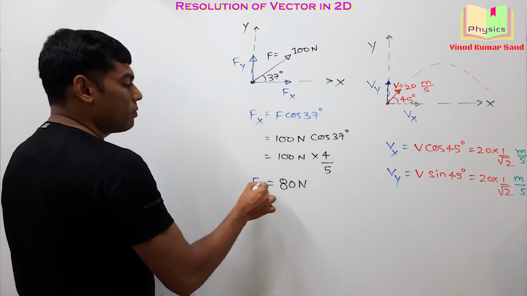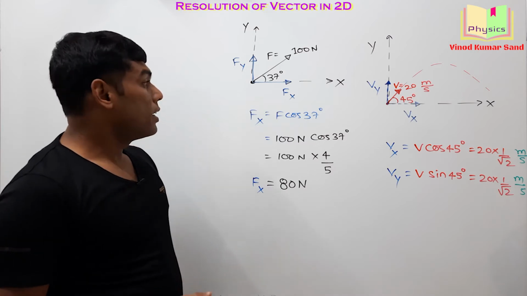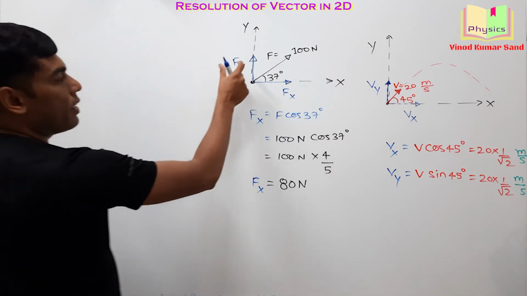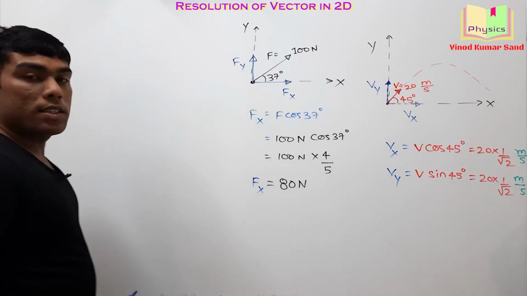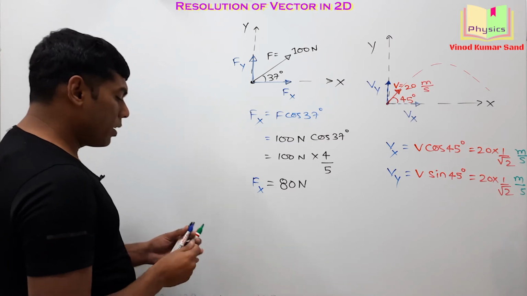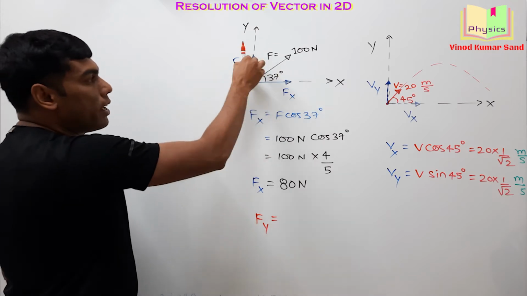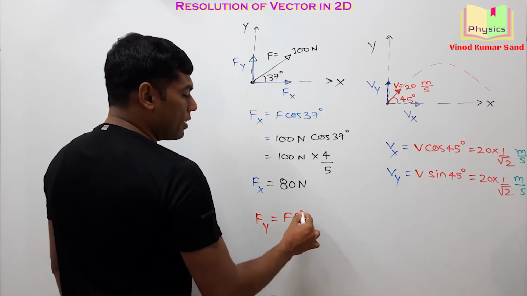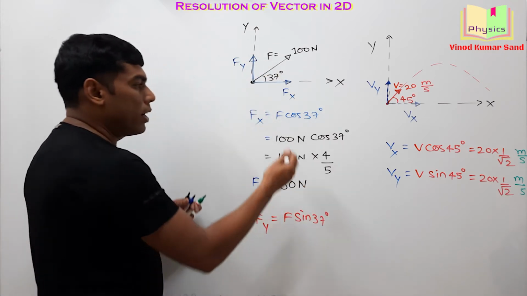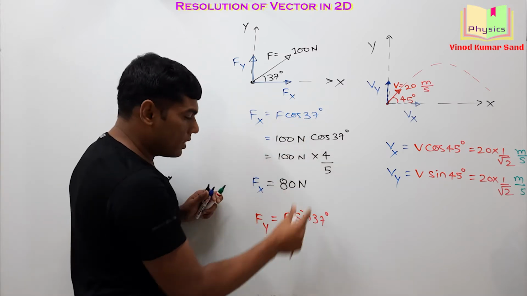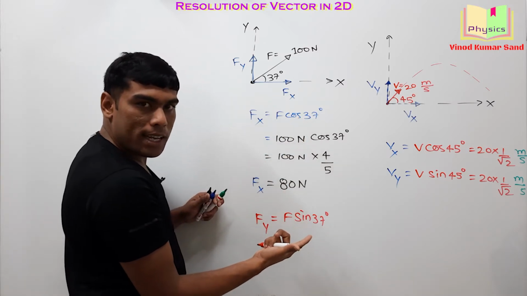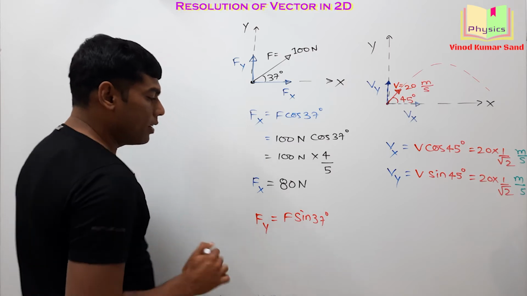Do you agree? Similarly, in this example, if I ask you how much is the Fy, what should be your answer? The Fy should be equal to F sin 37. If one rectangular component is cos, then the other rectangular component is sine. We have seen that on the previous screen.